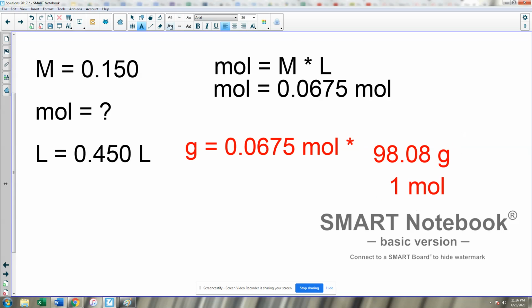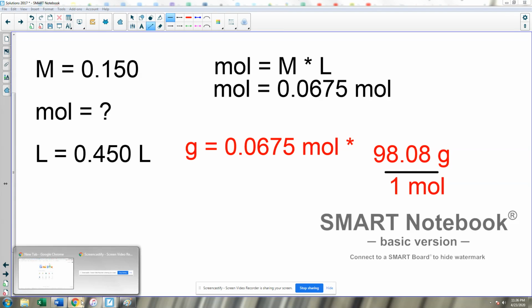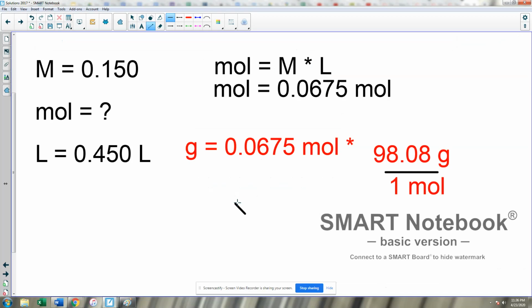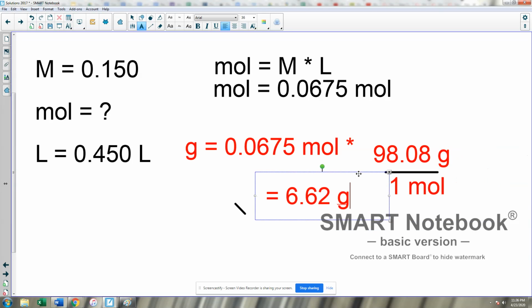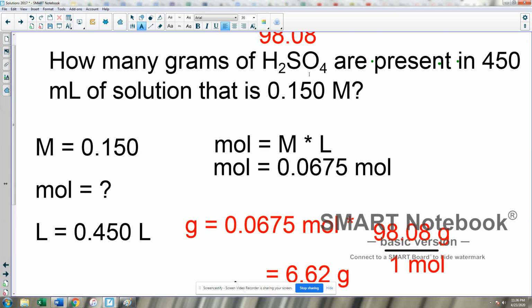For those of you that like to set up your fractions that way. So I'm multiplying this times 98.08. That I don't know off the top of my head. So this comes out to 6.62 grams I would need of H2SO4, sulfuric acid.